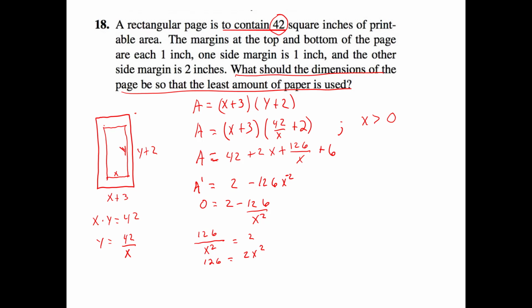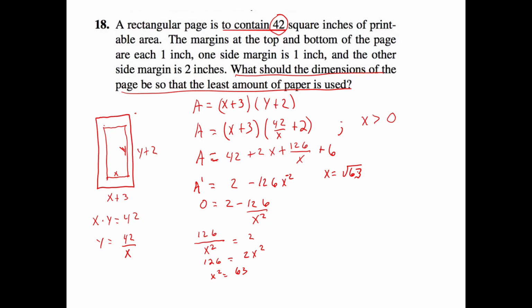Divide both sides by 2, and you get x squared is equal to 63. So x is equal to the square root of 63. The negative square root of 63 doesn't make any sense in the context of this problem, and so x equal to the square root of 63 is my only critical number.